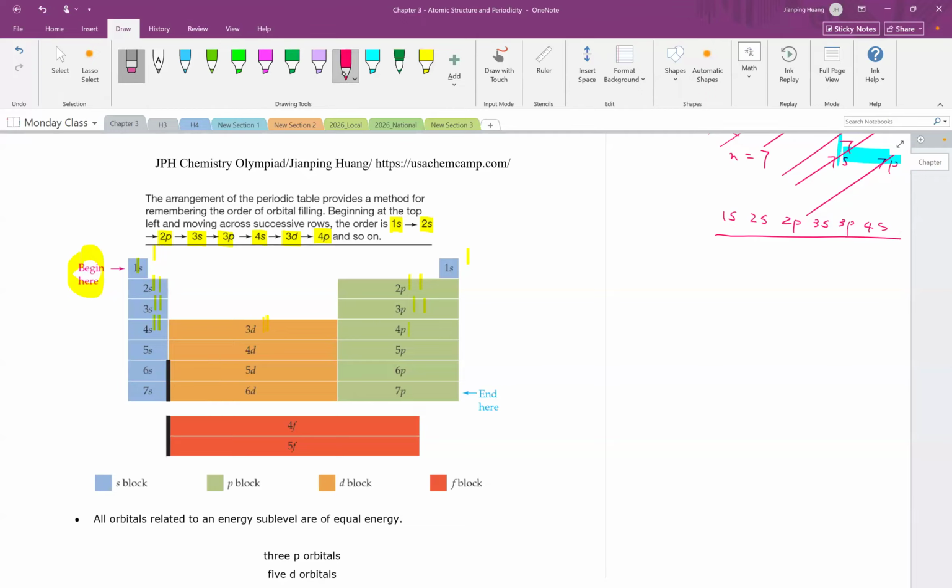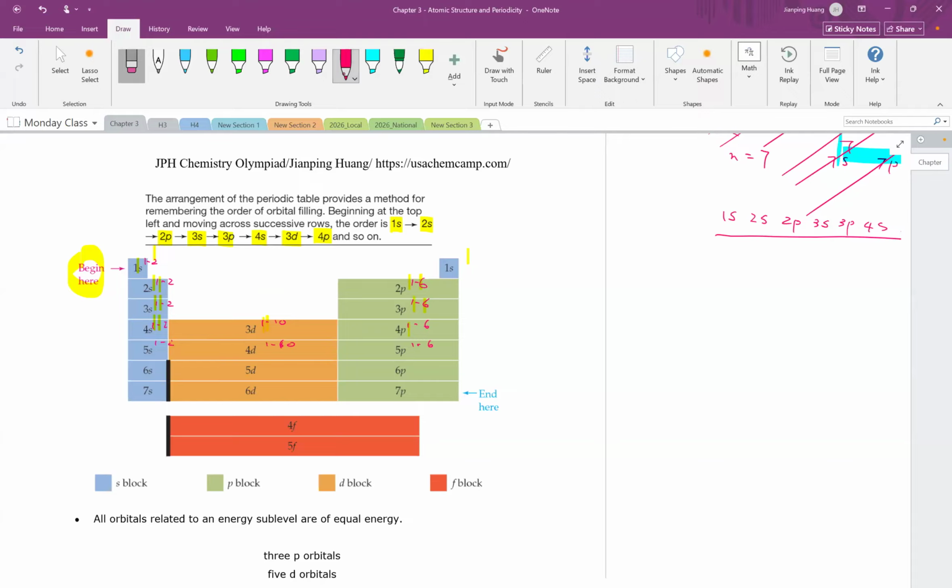Now, let me write it out. 1s, 1 to 2; 2s, 1 to 2; 2p, 1 to 6; 3s, 1 to 2; 3p, 1 to 6; 4s, 1 to 2; 3d, 1 to 10; 4p, 1 to 6; 5s, 1 to 2; 4d, 1 to 10; 5p, 1 to 6.